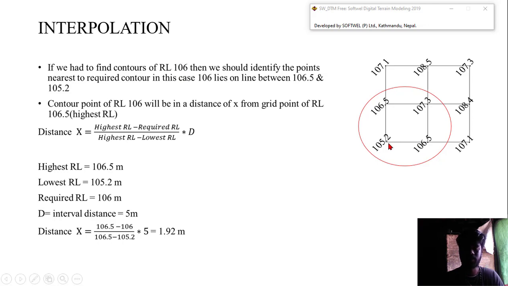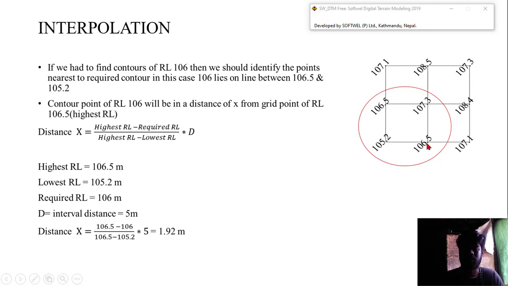We are just considering this line. If we consider another line, whatever the points are, we do the calculation based on their RLs. If here is 107, then we put 107 as the highest RL. Here it is 106.5, the same point, so we do the calculation for this point, then we take the axis from this as well.